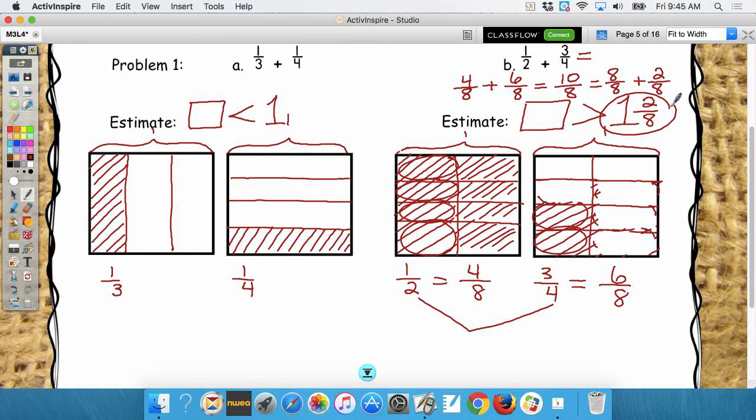And most kids would circle that, but guess what? You're not done. I said this is getting hard, and it's getting hard quickly. Let's look back at that simplify strategy on the board. Is 2 half of 8? No. Can I divide by my numerator? Yes.